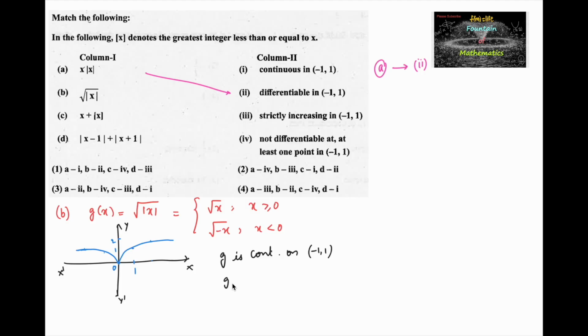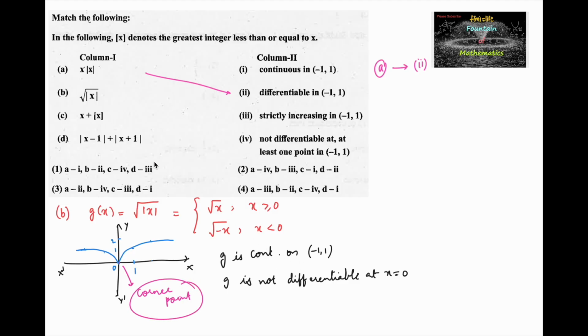But this function g is not differentiable at x equal to 0, because at x equal to 0 there is a corner point where the differentiability is not defined.